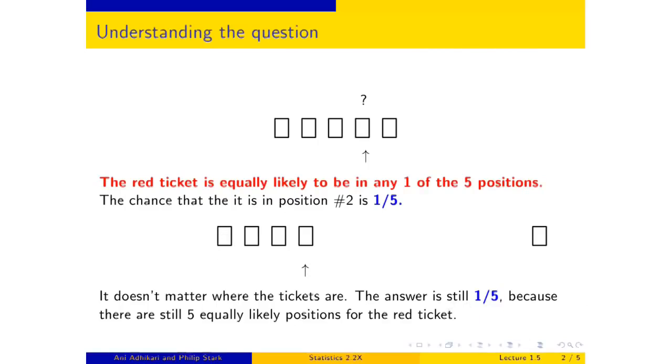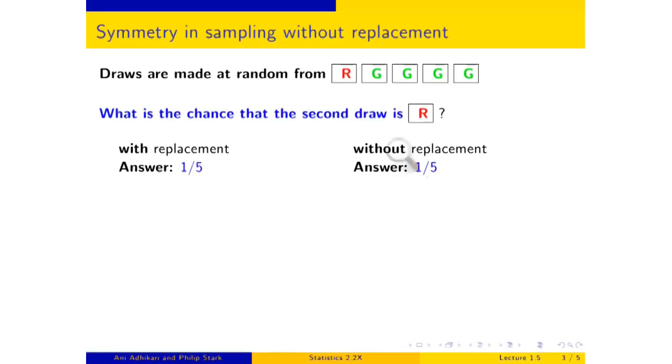And so it is a revelation to many people that if you draw at random from this box, or indeed any other box, but for now we are focusing on this box, and you look at the second draw, the chance that any particular ticket appears is the same whether you are drawing with replacement or without replacement.